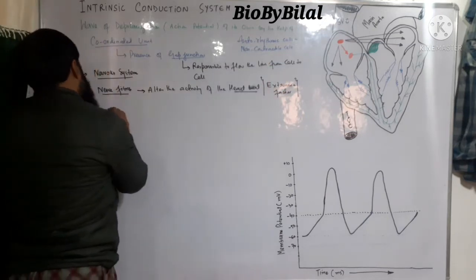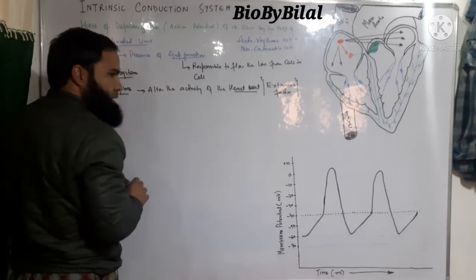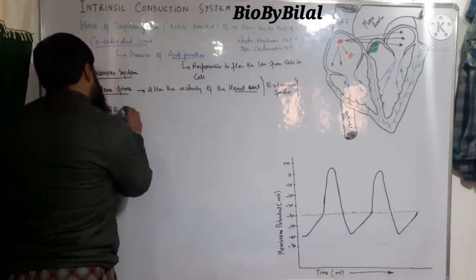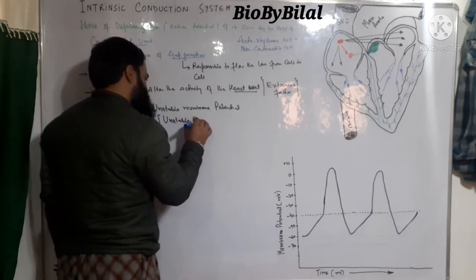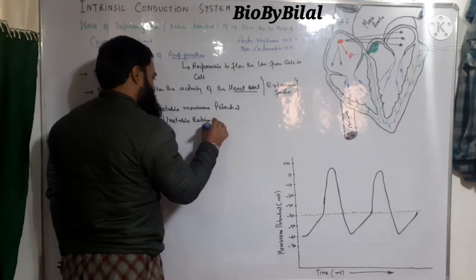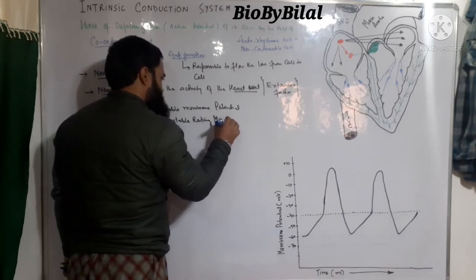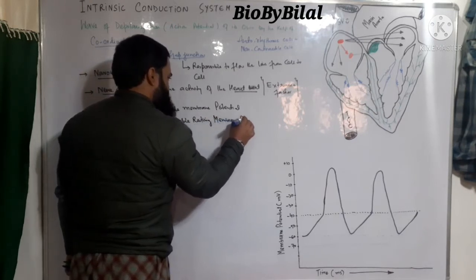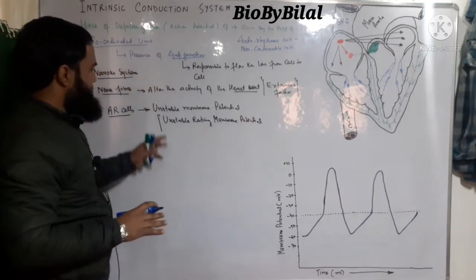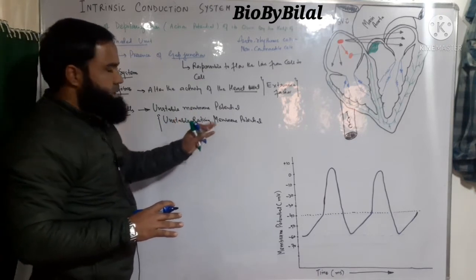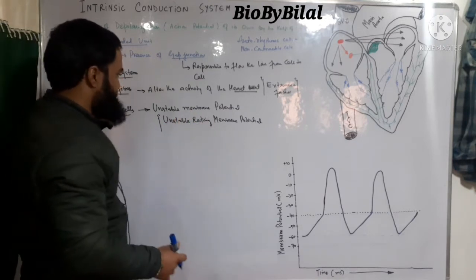These autorhythmic cells, I will write here, AR cells, have an unstable resting membrane potential. Autorhythmic cells always have an unstable resting membrane potential.